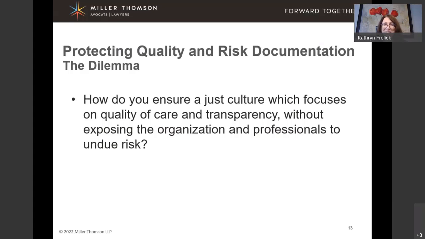So here is the dilemma that everyone faces. How do you ensure a just culture which focuses on quality of care and transparency and allows individuals to come forward and speak about incidents and patient care issues in an open and forthright manner without exposing the organization and professionals to undue risk?